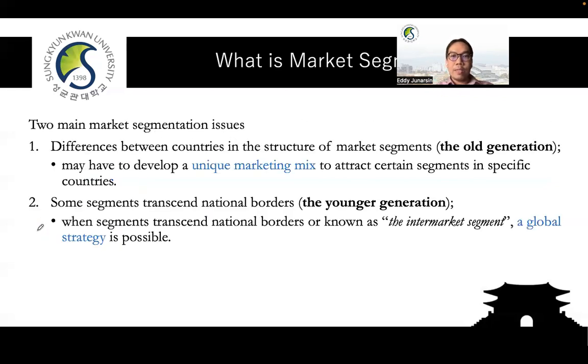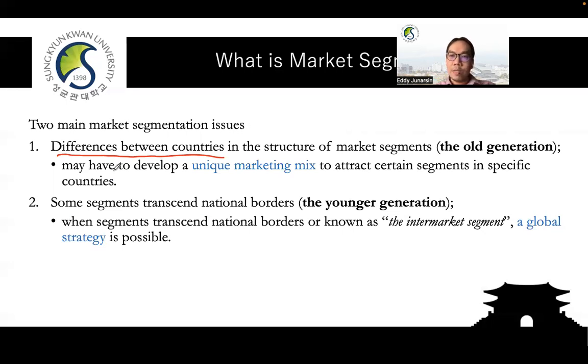So let's see the main segmentation issues here. We might have differences among countries with respect to the structure of market segments. In one country, the segments that could be identified might be different from those in other countries.